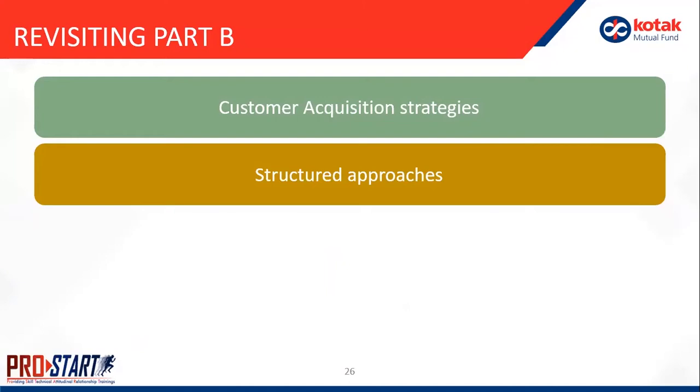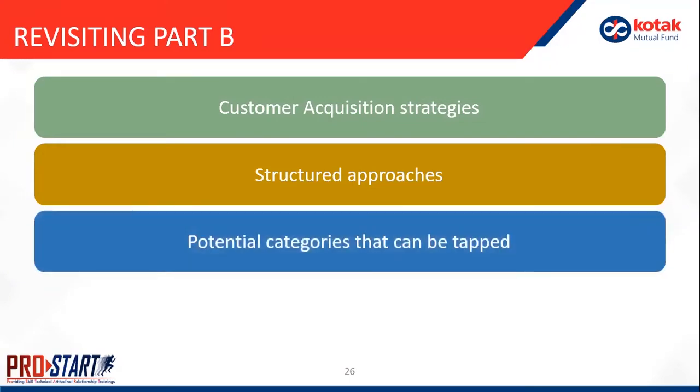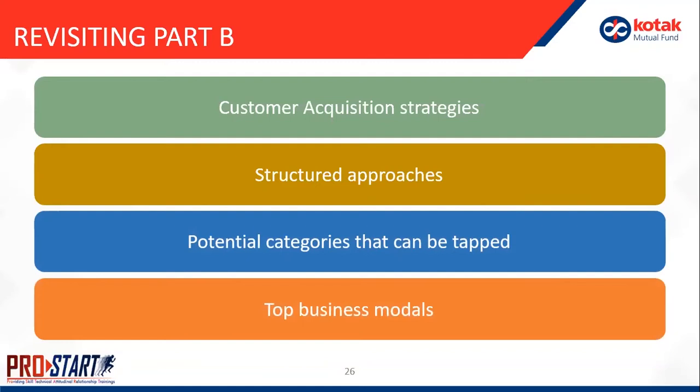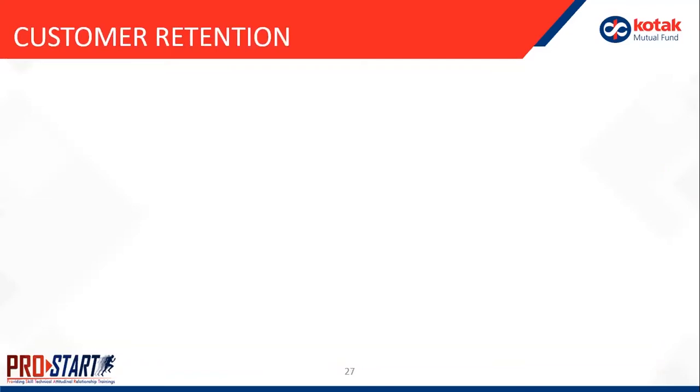Also, clearly we also accounted the target, that is in terms of time and number. We also saw what are the potential categories that can be tapped and what are the top business models that we can use. Let us now move ahead and discuss about what is customer retention.